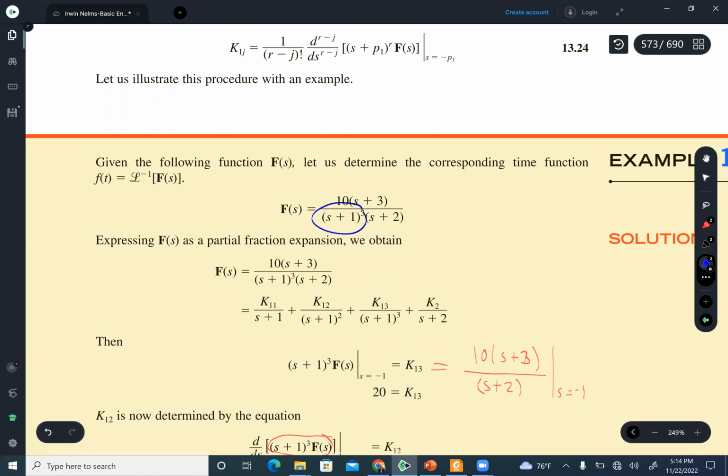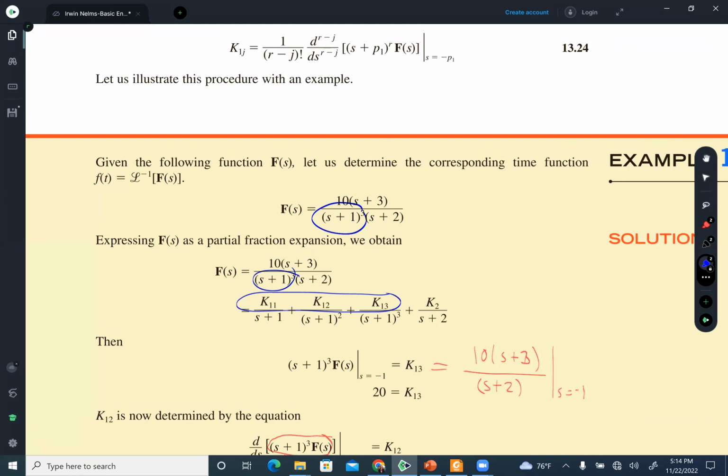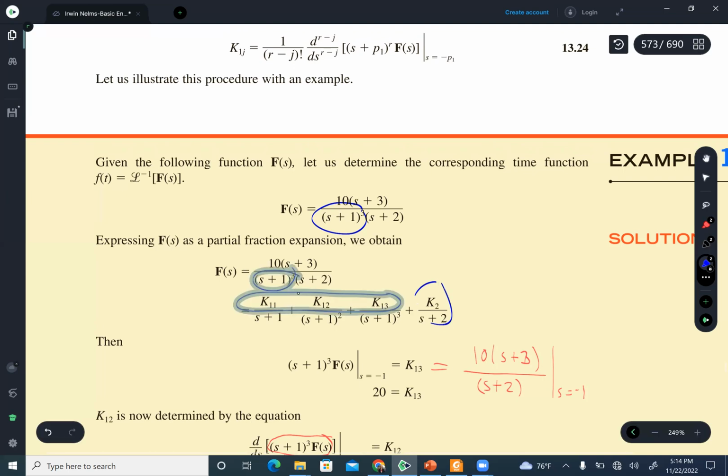By the way, why are they indexed this way? Because we view the k11, k12, and k13 as constants having to do with this term. So that's why we don't call them k1, k2, k3, and then this one k4, right? But there's nothing wrong with that or right with that. It's just a notational choice, right?